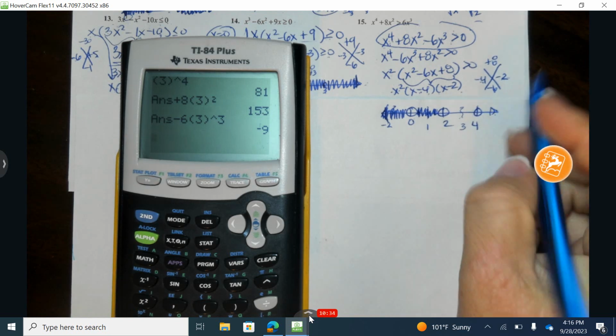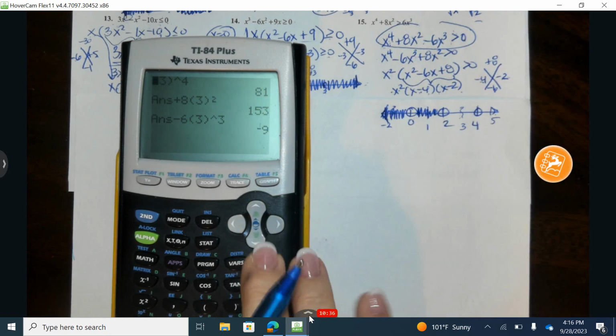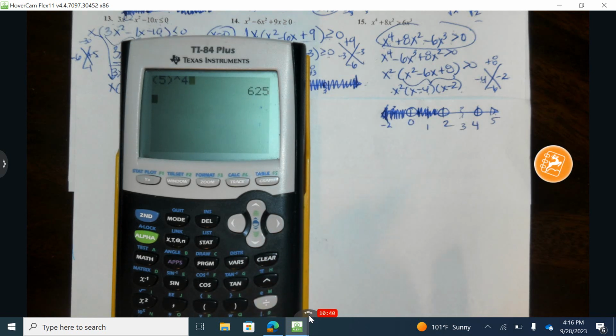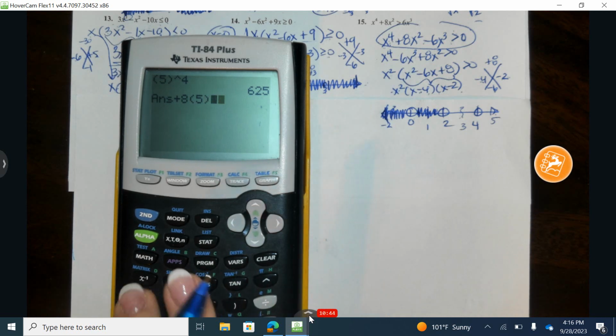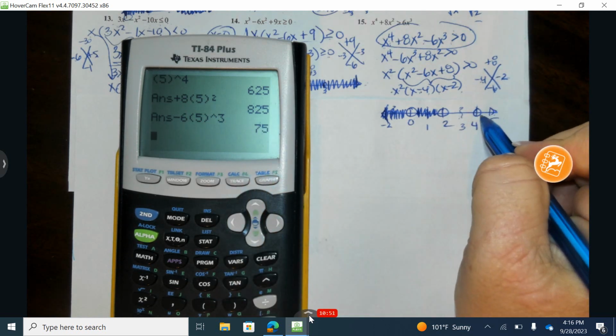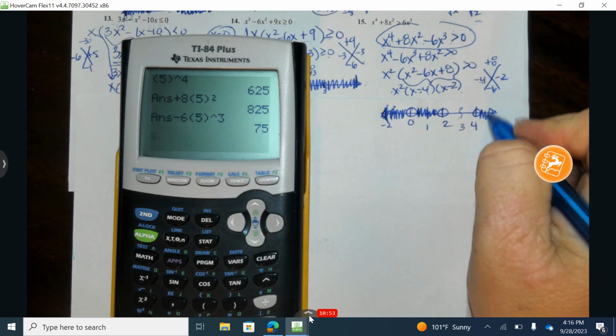Let's try anything to the right of 4, like 5. 5 to the fourth plus 8 times 5 squared minus 6 times 5 to the third. Is 75 greater than 0? It is. So these are the solutions I have.